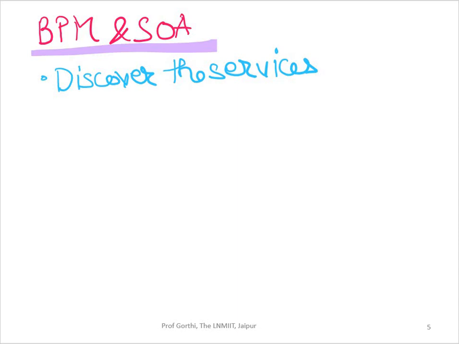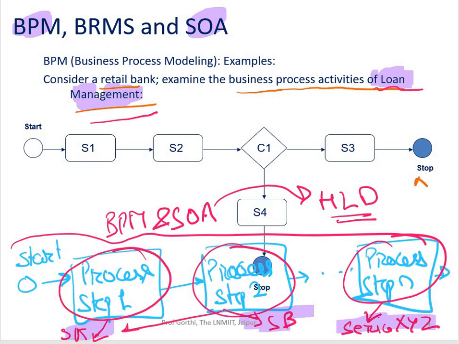Those services we were talking about, for example the credit score checks in this example.